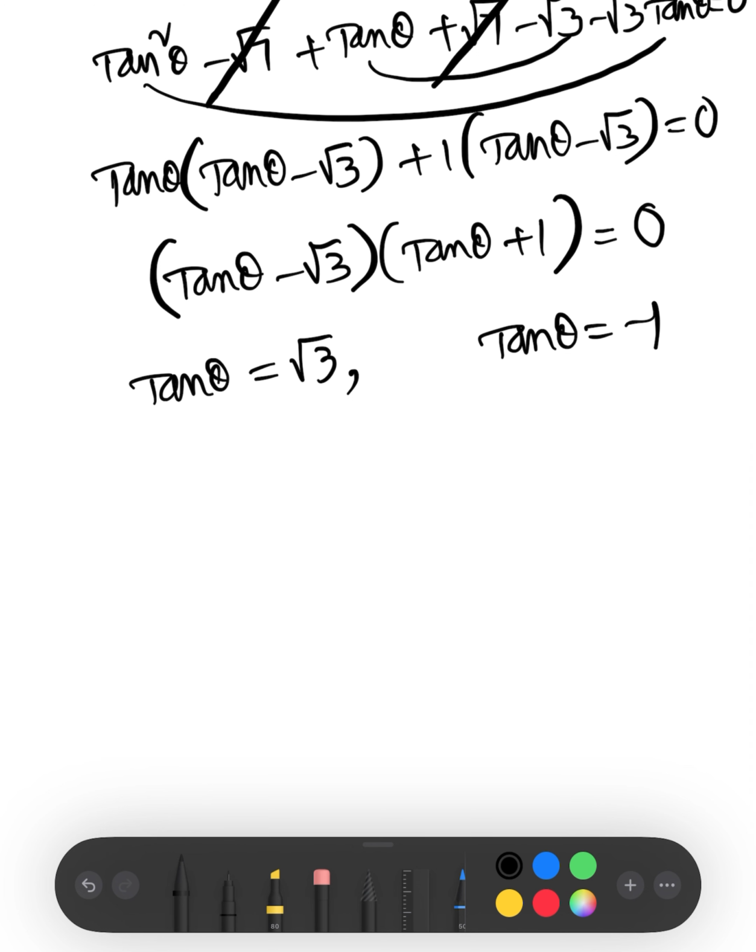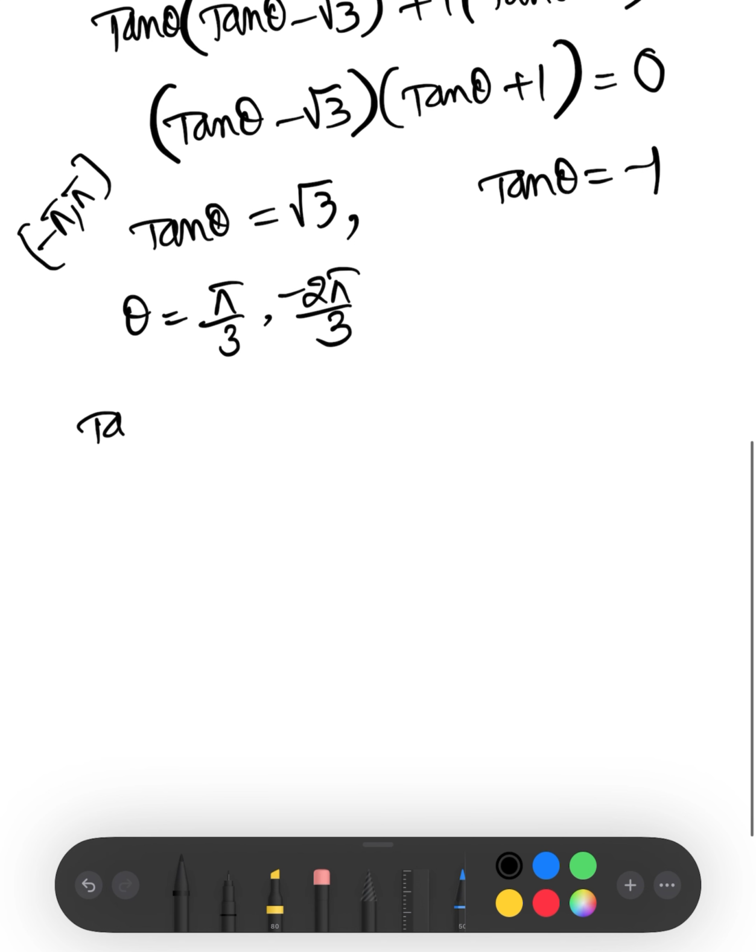Now, by direct estimation, theta equals 60 degrees, which is valid because theta lies between minus pi and plus pi, as mentioned. And we know that tan 120 degrees is minus root 3. If I consider minus 120, minus of minus root 3 is plus, so tan theta equals root 3.